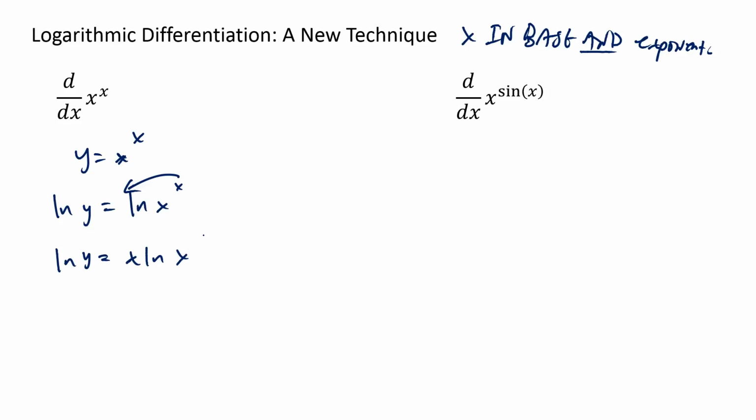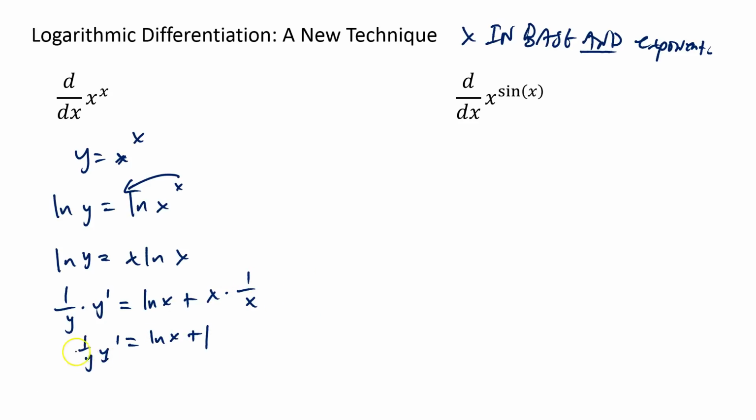Now I'm going to take the derivative of both sides. So the left side, I have 1 over y times y prime, because derivative of natural log is 1 over the value inside. We've got a chain because we don't know what y is. And that is equal to, we have to use product rule here. So it would be 1 times ln x plus x times derivative of natural log, which is 1 over x. So we have 1 over y times y prime equal to natural log x plus 1.